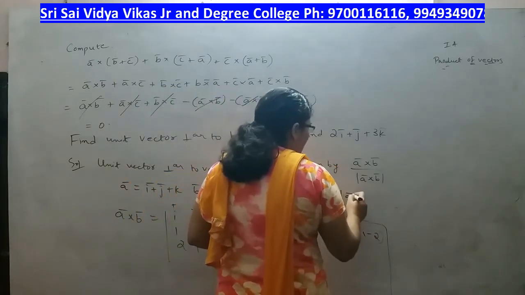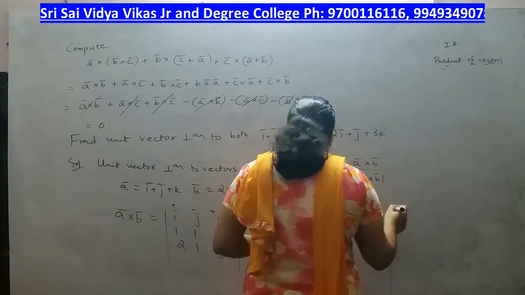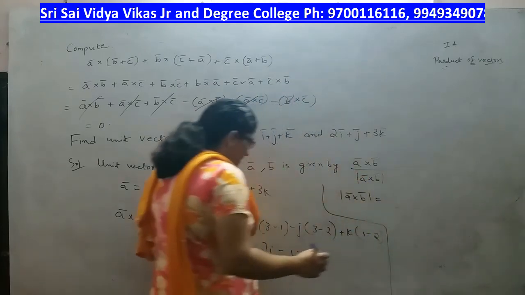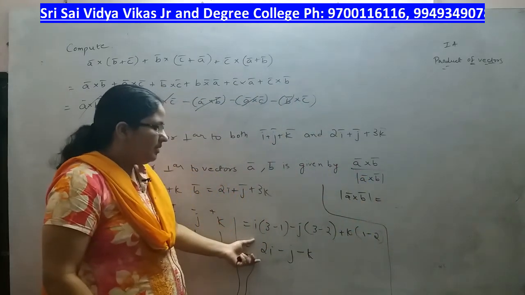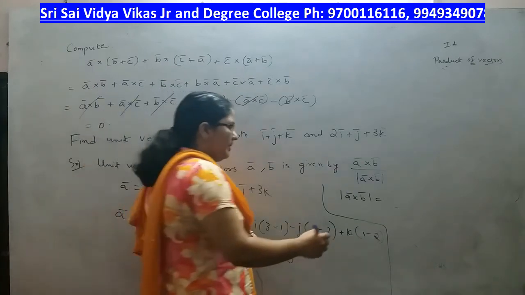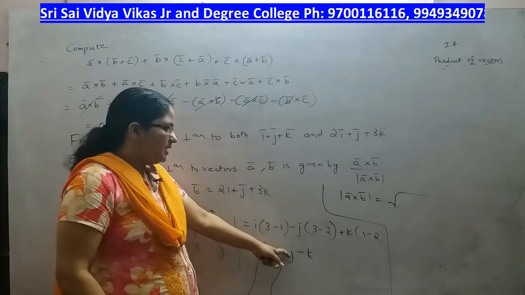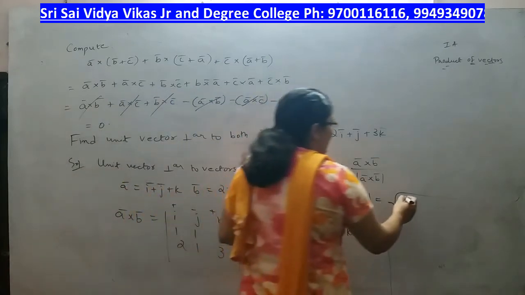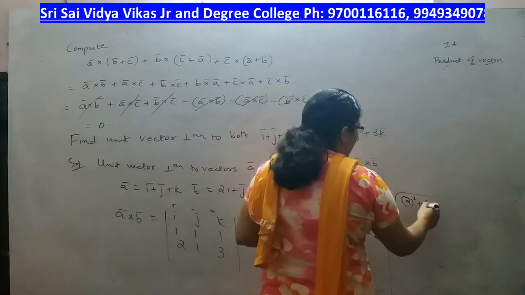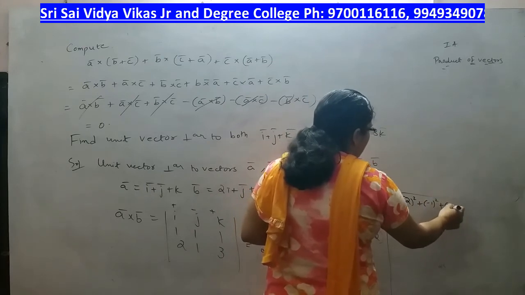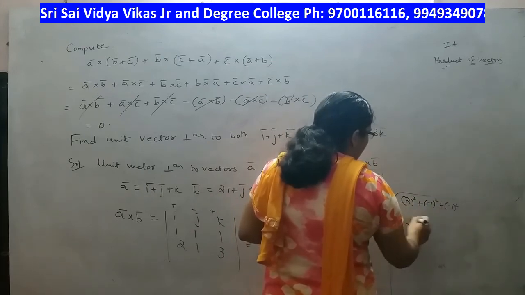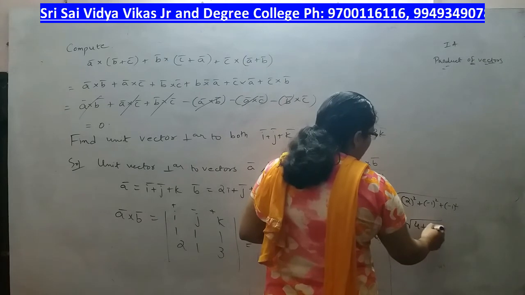Modulus of A bar cross B bar will be under root of 2 square plus minus 1 square plus minus 1 square, that is 4 plus 1 plus 1, that is root 6.